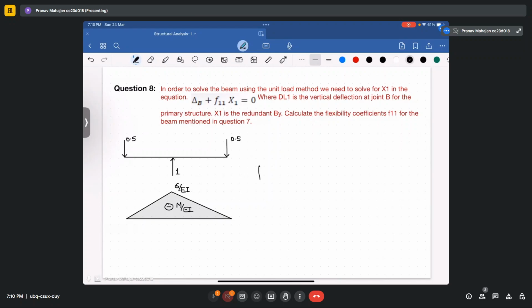So here your F11 will be equal to 1 by 2 into 6 upon EI, and it will be at a distance of 6 by 3.